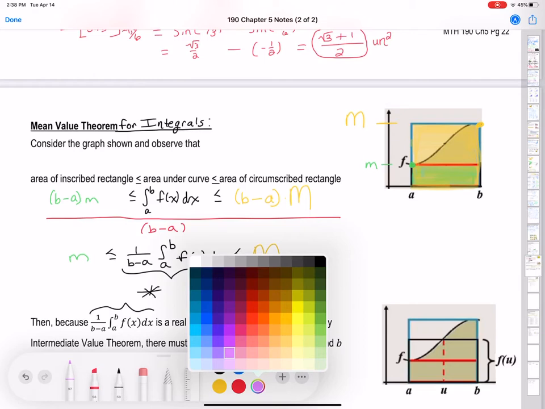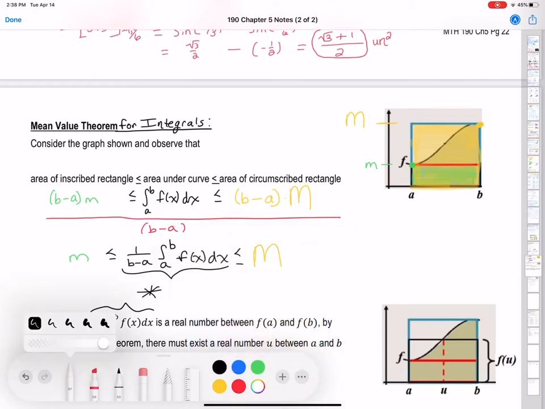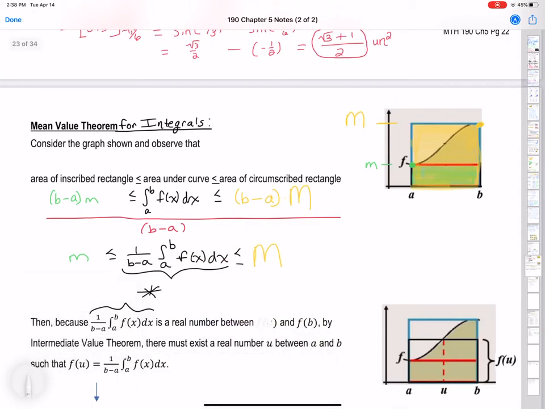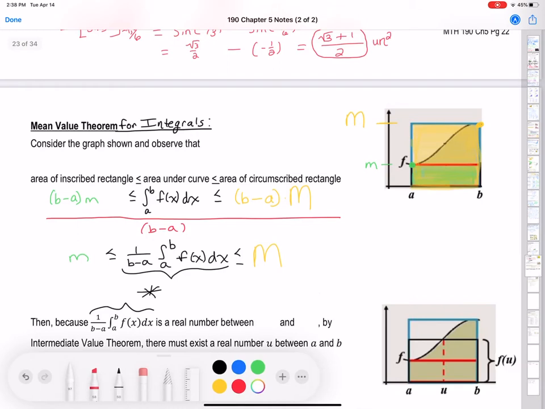Now what I meant to do and neglected to do, and I do apologize, was that on this picture it happens to be f of a and f of b. I meant to just delete that and call it lowercase m and capital M. It won't always be a and b, so I wanted to change that.